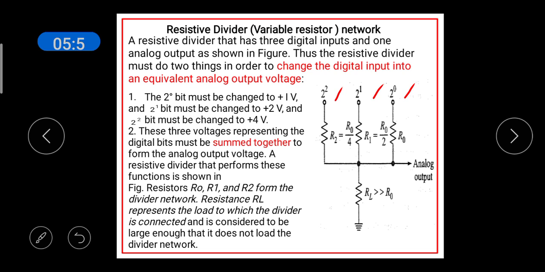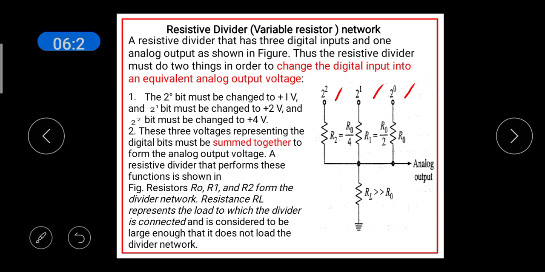This circuit shown in the figure does this function. Resistors R0, R1 and R2 form the divider network. Resistance RL represents the load to which the divider is connected and is considered to be large enough that it does not load the divider network. So this is the circuit for resistive divider network.